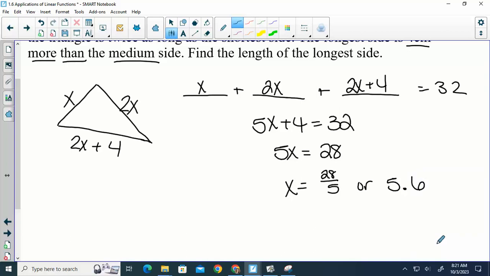Is that my answer? No, I want to know the longest side. The longest side was 2x plus 4. So 2 times 5.6 plus 4, 15.2.